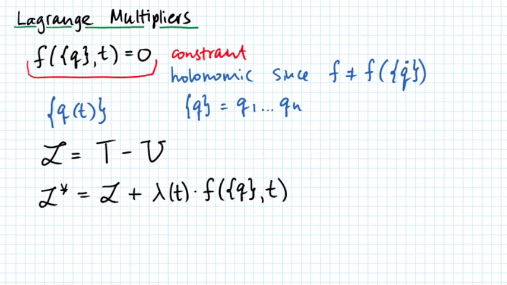Note that this part here is 0 for the true solution q of t that we are trying to find. The unknown coefficient, lambda, is called the Lagrange multiplier.